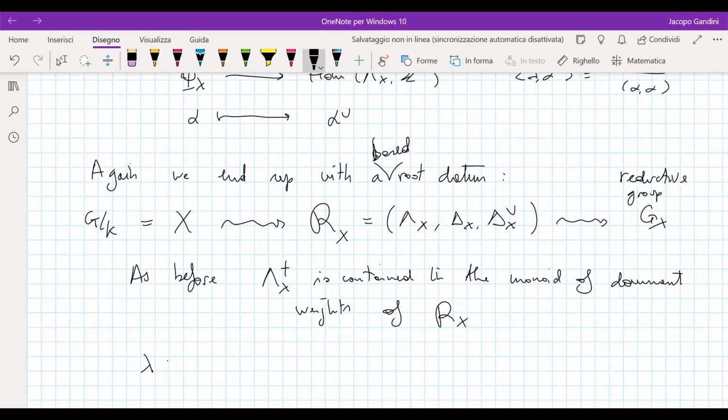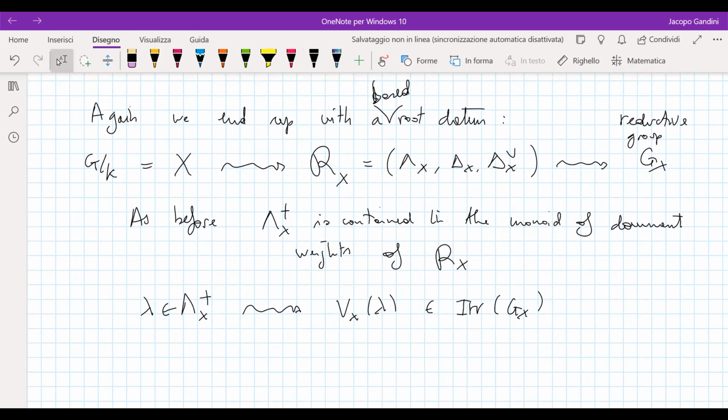So given lambda in lambda X plus, we can associate a module Vx lambda, which is an irreducible representation of Gx. And the claim essentially I want to state is the same as before.